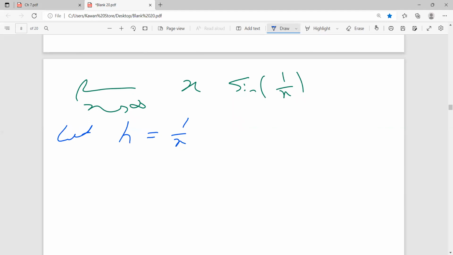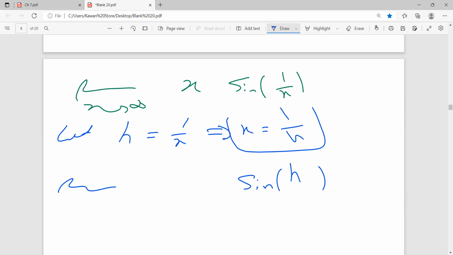The limit is the limit; sine of 1 over x will be sine of h. So how about x? x is equal to what? From here, cross it, you'll get 1 over h. Am I right, dears? Do you have any question?